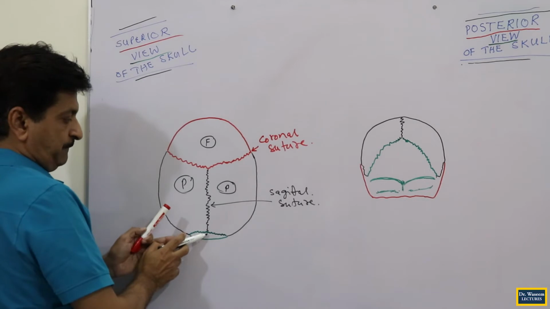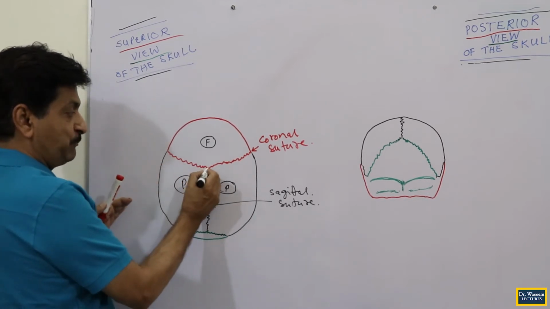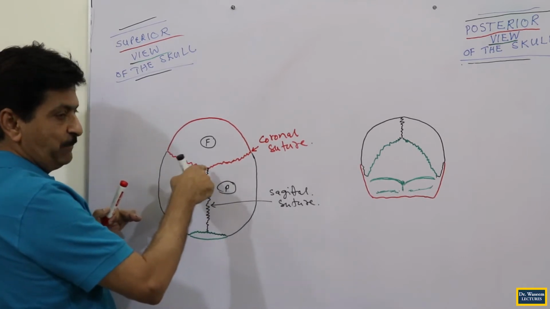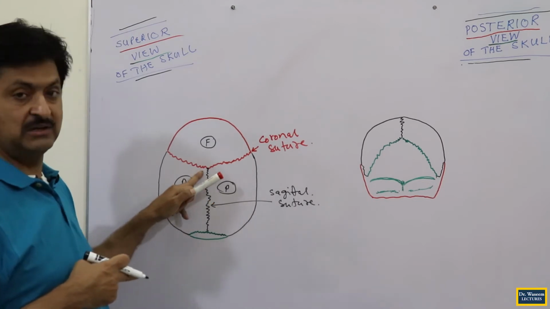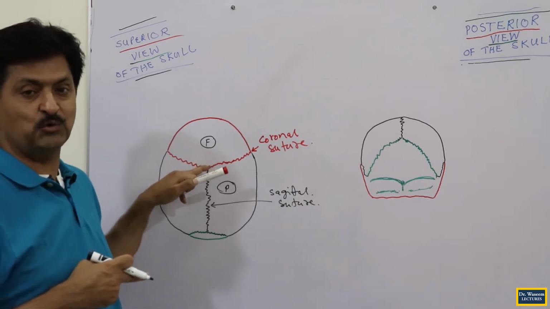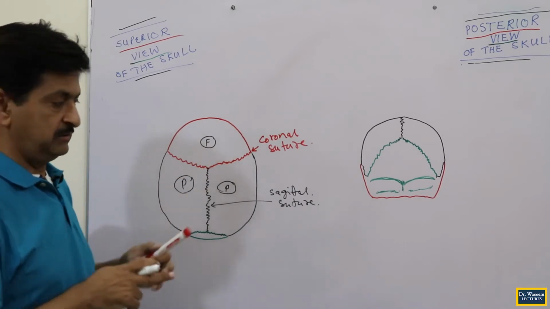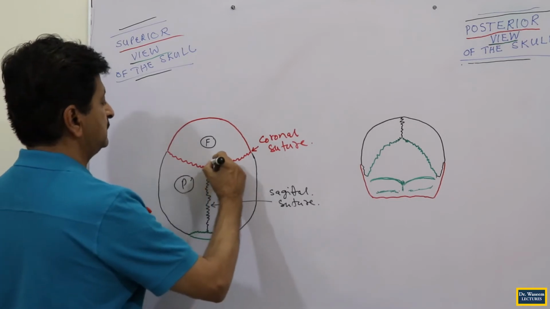Now you see that this sagittal suture joins at the middle point of the coronal suture. That single middle point, where the anterior end of the sagittal suture joins the midpoint of the coronal suture, is called bregma. So you call it bregma.